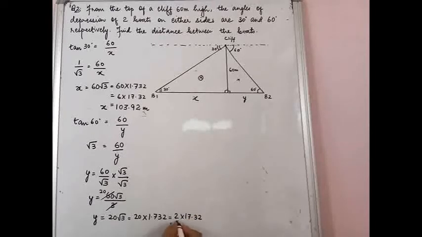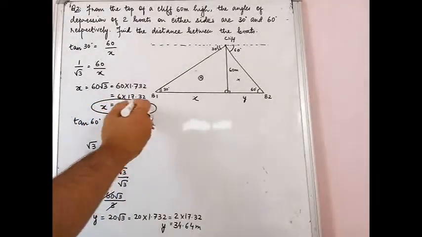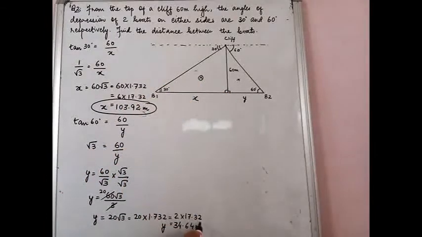So that becomes 2 2s are 4, 2 3s are 6, 2 7s are 14, carry 1, 2 1s are 2 and 3. So the value of y is 34.64. Now you see, this was the value of x and this here is the value of y.